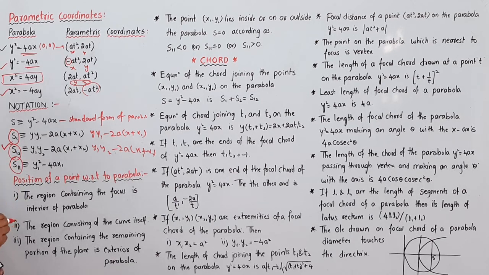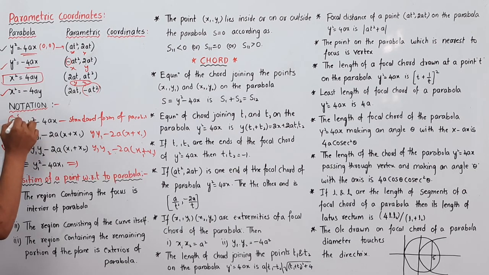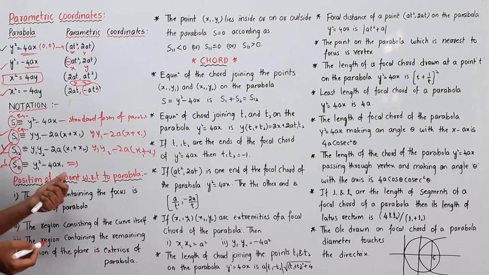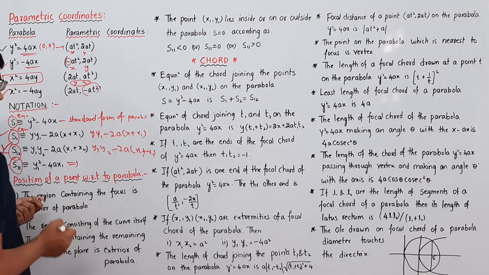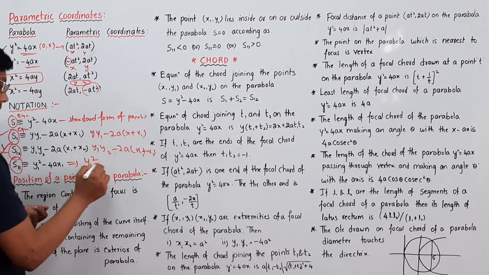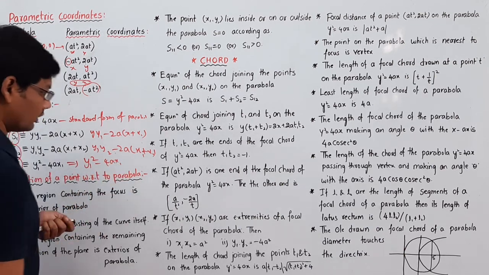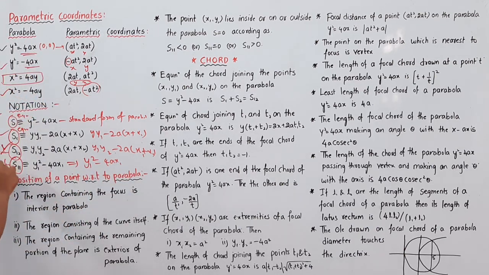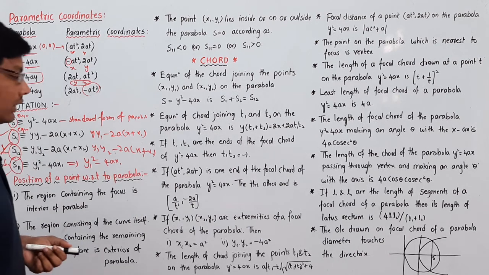If you want to find S11, S11 is a real value and S12 is also a real value, but S1 is an equation and S is also an equation. You can substitute any point in this expression and you will get S11, that is nothing but y1 square minus 4ax1. These are the four important points of parabola notation.